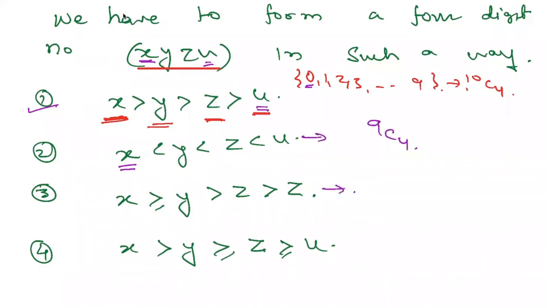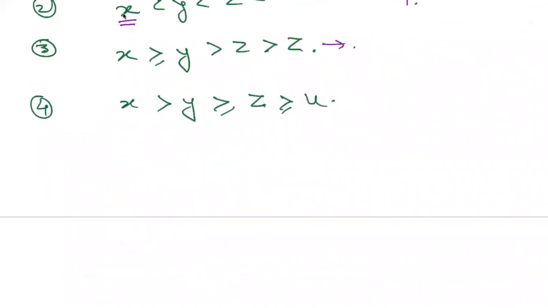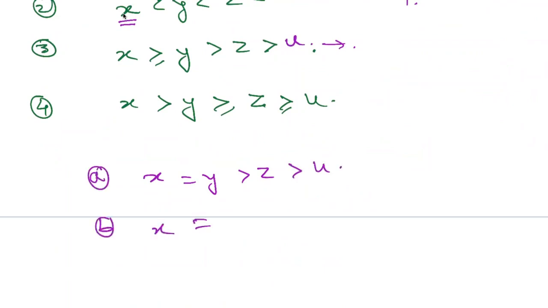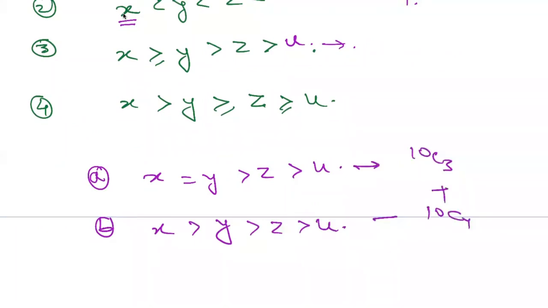But the third case, we have to divide into two parts: X, Y, Z, and U only. For this it is 10C3, for this it is 10C4. You have to add both.